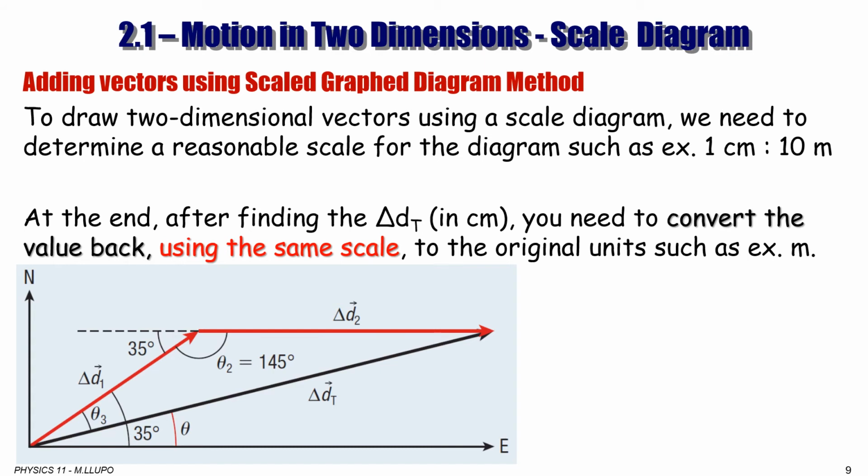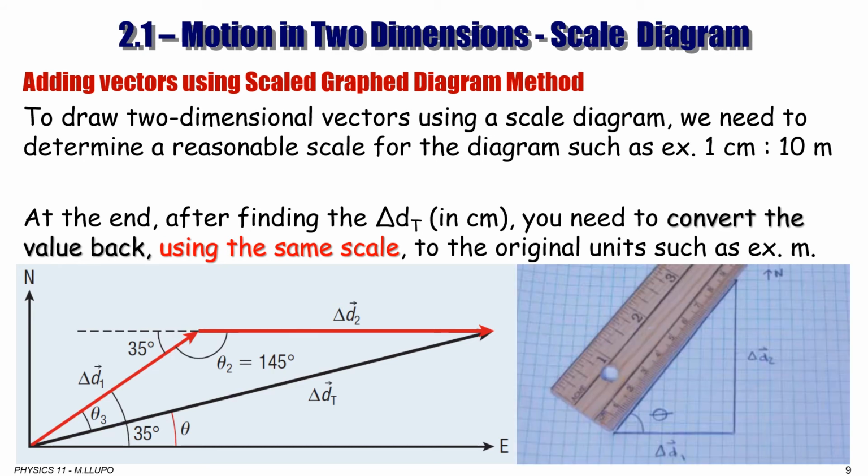You join it, you measure it, and you scale it back. You convert it back to the original units. For this, you need practice, and you need a graph paper or any paper per se. But graph paper is easier because it makes the right angle triangles easier for you to draw.